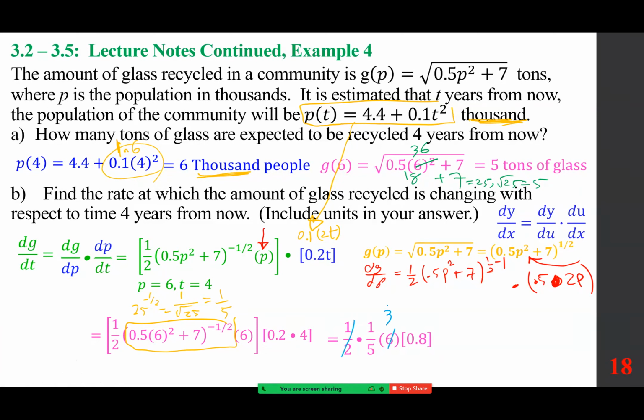So you have 1 times 3 times 0.8 over 5, which becomes 0.48 tons of glass over years, because we are looking at dg dt, the change in the amount of glass over the change in the number of years. So tons of glass over year. That's how you come up with the units, and that is extremely important to know how to arrive at units.